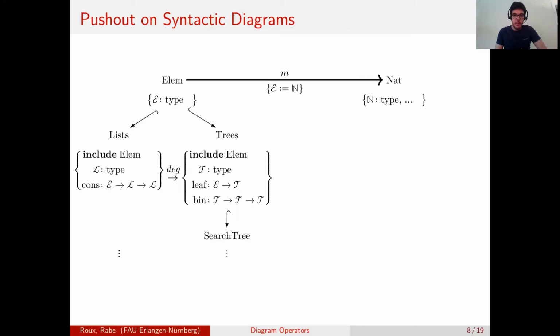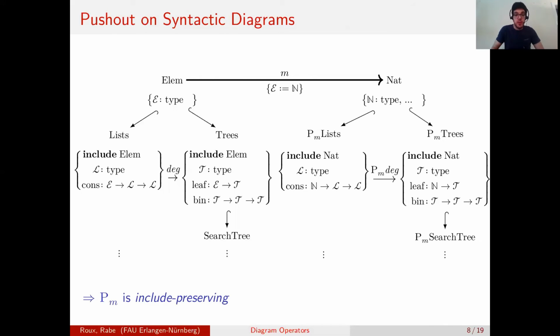And then we witness by this morphism M that the natural numbers actually give rise to an indeterminate element type. So we should be able to just push everything over to get the list of natural numbers, the theory of trees over natural numbers, and so on.